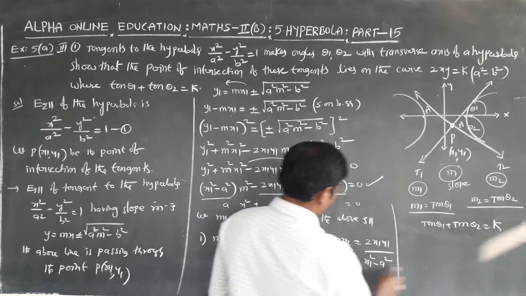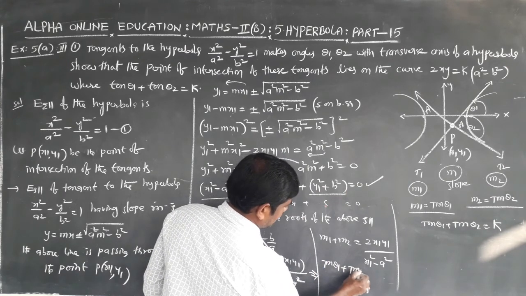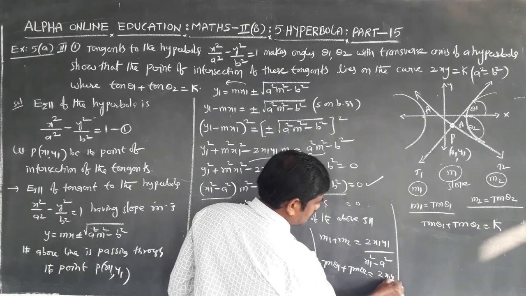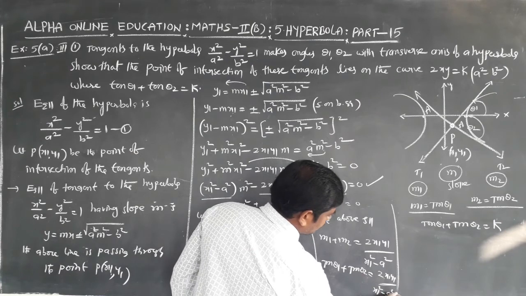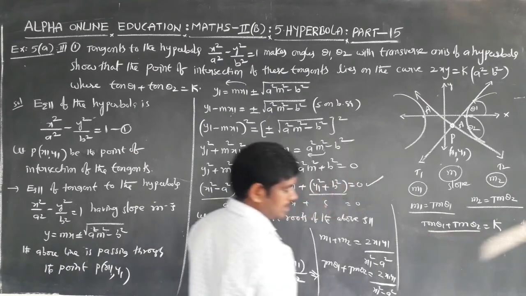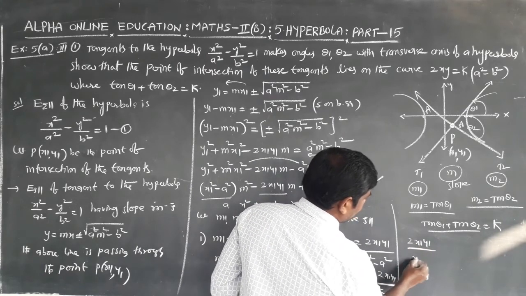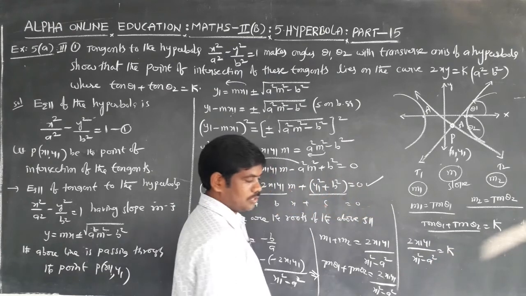Tan theta 1 plus tan theta 2 is equal to 2 x1 y1 by x1 square minus a square, which is equal to k.